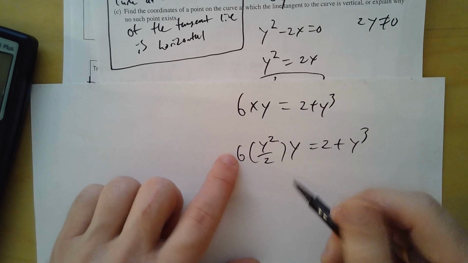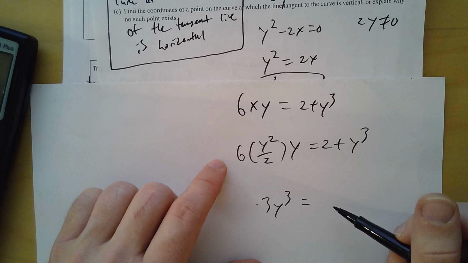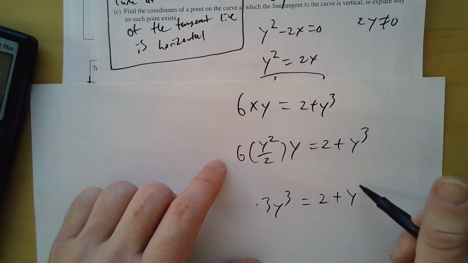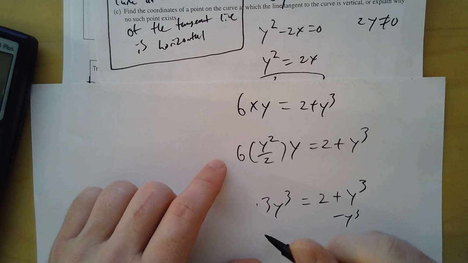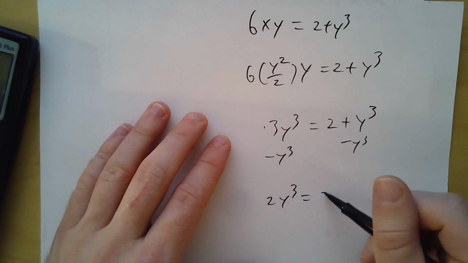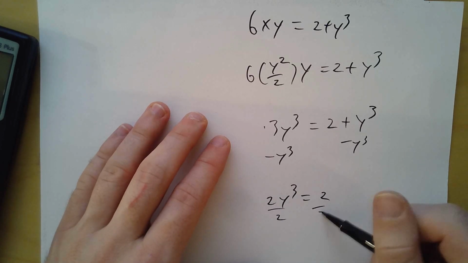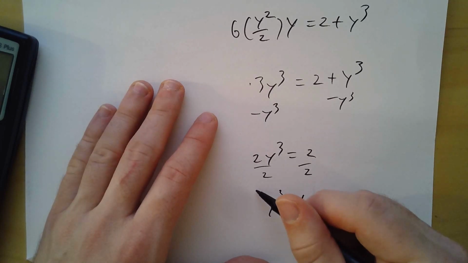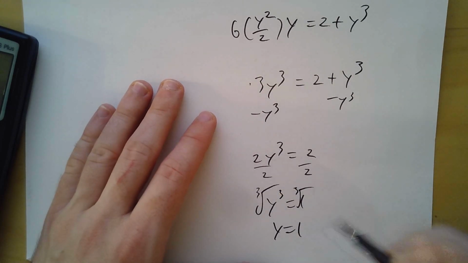So this is 3y cubed equals 2 plus y cubed. Subtract y cubed: 2y cubed equals 2. Divide by 2: y cubed equals 1, and the cube root of that is just 1. So y equals 1.